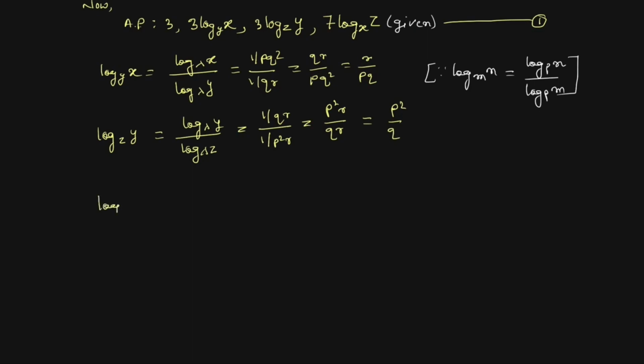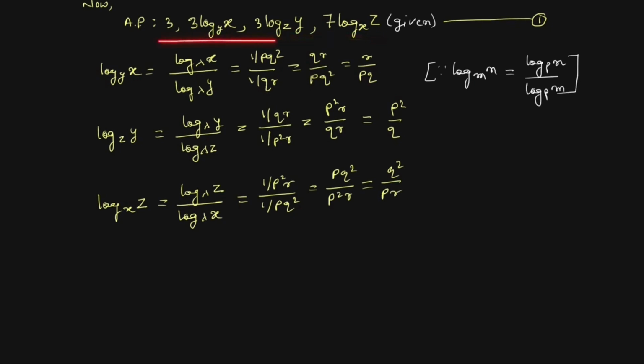And log base x of z we able to write as log base lambda of z divided by log base lambda of x, which is equal to 1 divided by p square r divided by 1 divided by pq square, which is equal to pq square divided by p square r, which is equal to q square by pr.